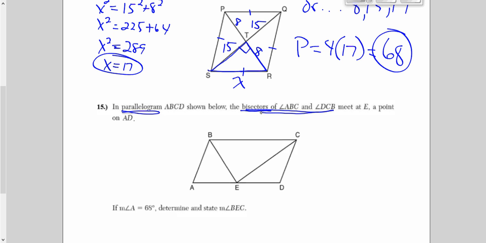Okay. So angle ABC gets bisected. So does that mean that these two are congruent? Right? And DCB gets bisected, so wouldn't that mean that these guys are congruent? You with me? And then they give us some numerical information. What's that?